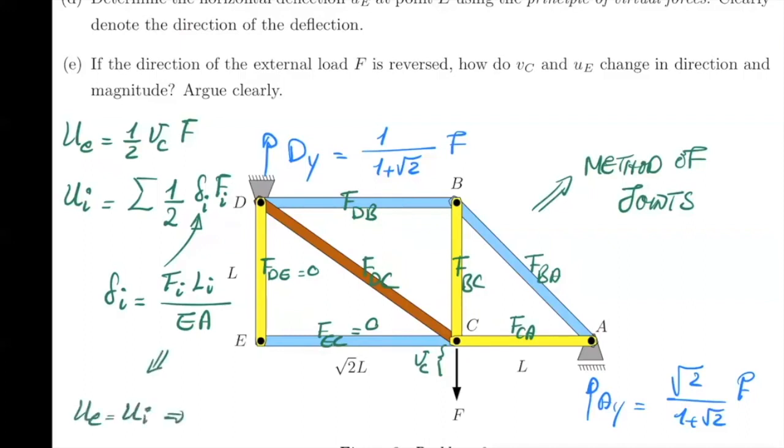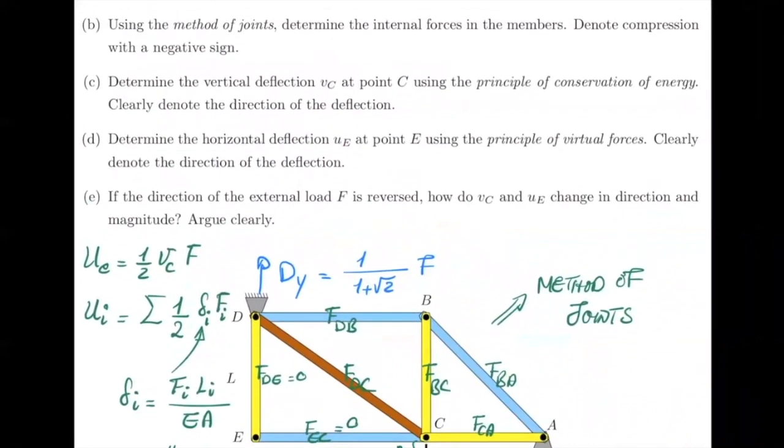And that gives you the deflection at point C, which is in this case almost 3, so 3.034 FL over EA. So this is part C, where we used only conservation of energy.